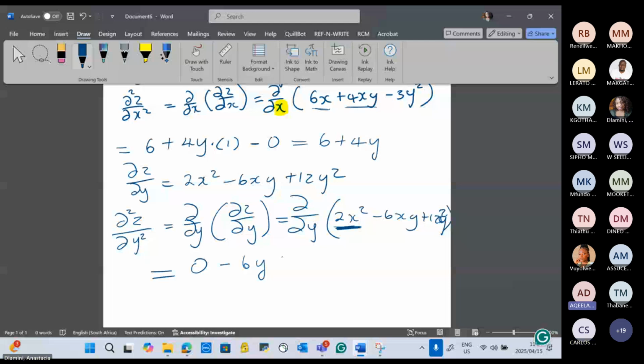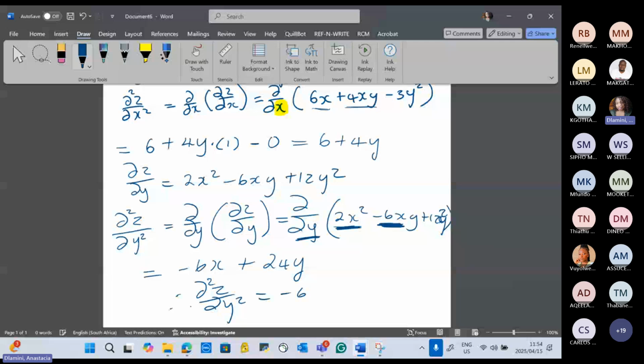Because there's no square on the y, so we keep the x the way it is, as a constant, and we differentiate with respect to y. Plus 24y. Done. So the partial squared z over partial y squared is equal to minus 6x plus 24y, exactly what they wrote in the study guide.